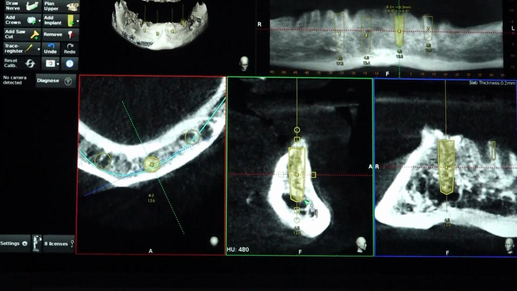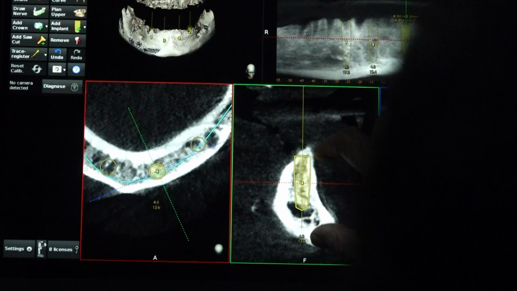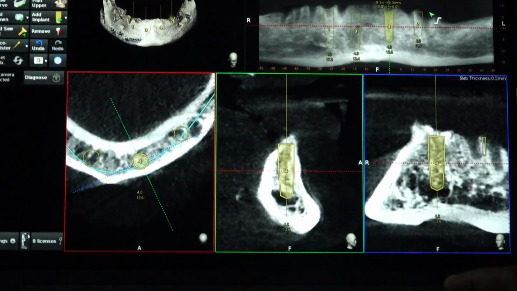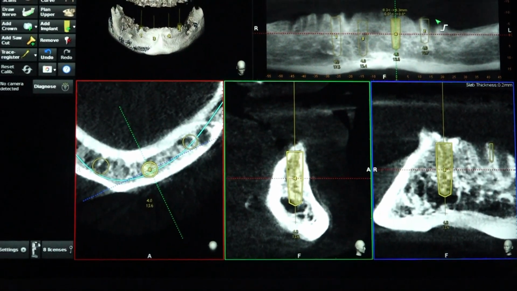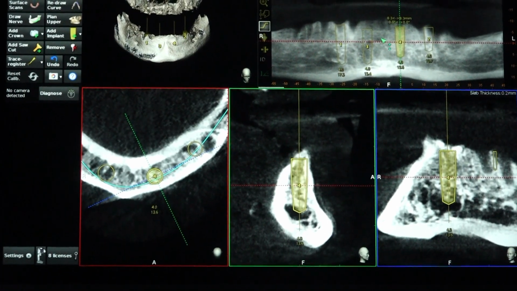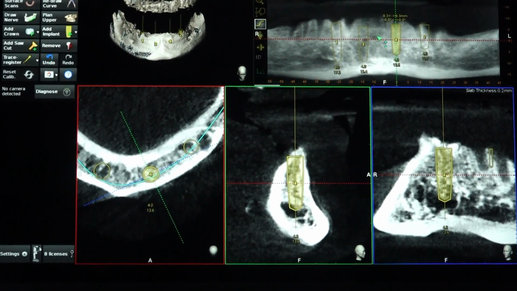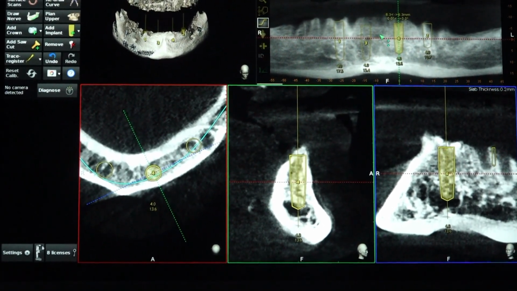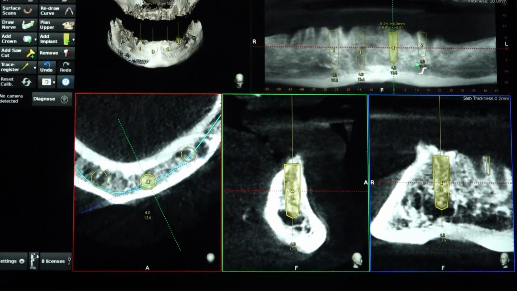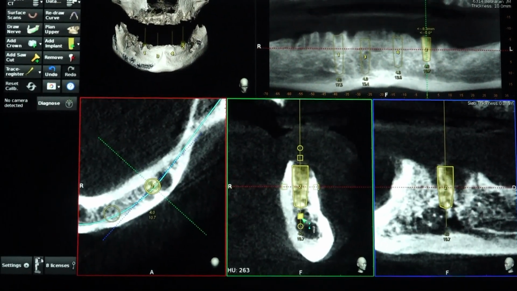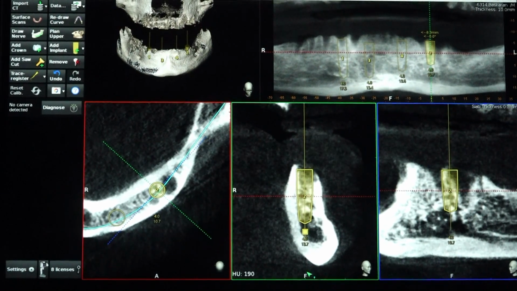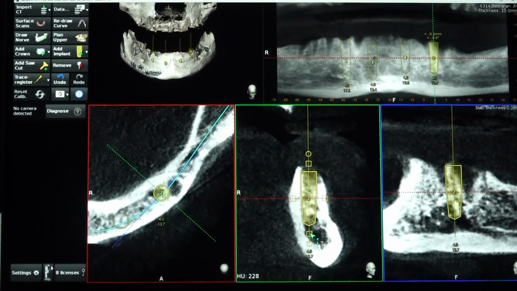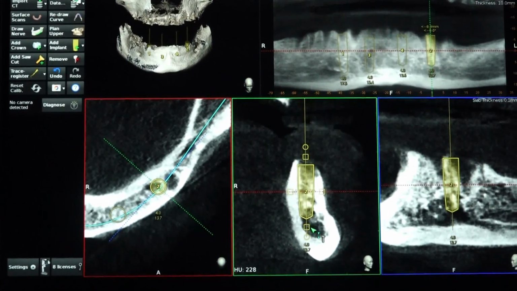So the length you select depends upon the height of the mandible, and not only the height of the mandible, but also the density of the bone. If the density is very thick, it is better to select a shorter length, otherwise the implant may get stuck midway. So don't always go for a longer implant. Even shorter implants will work.